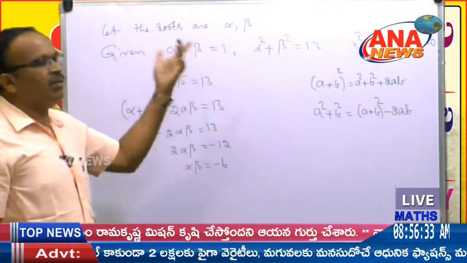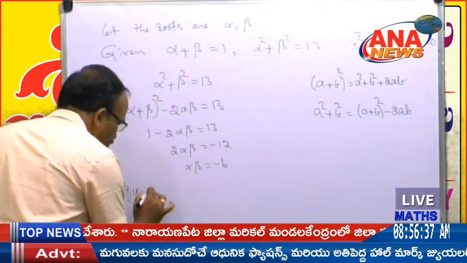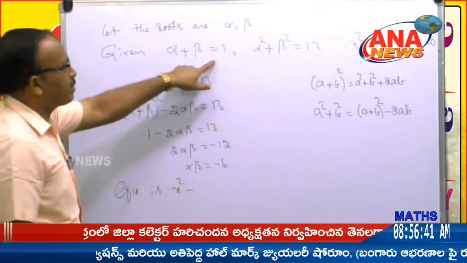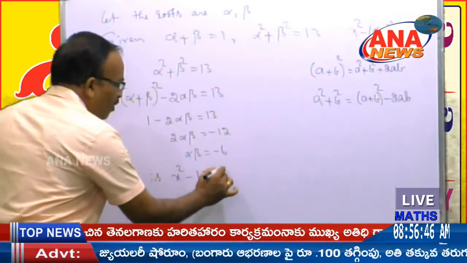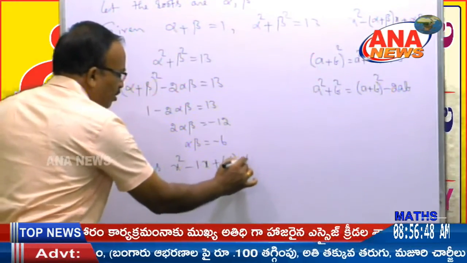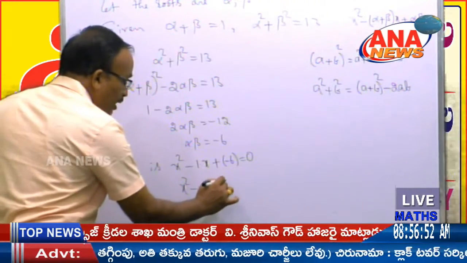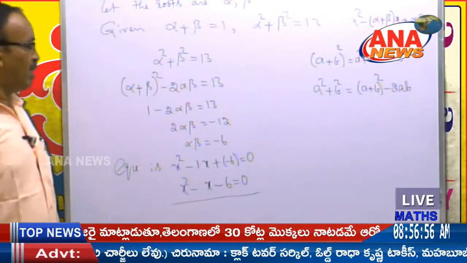Alpha plus beta is equal to 1. So the equation is x square minus (1) into x plus (minus 6) is equal to 0. That is nothing but x square minus x minus 6 is equal to 0. This is the equation.